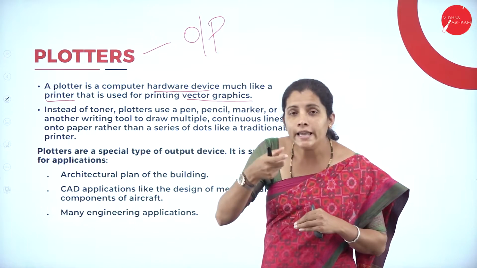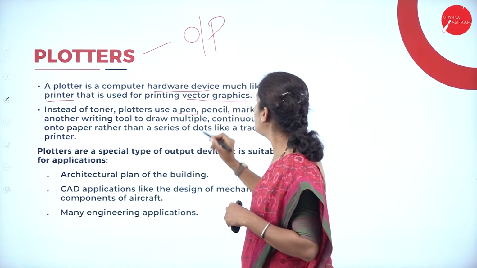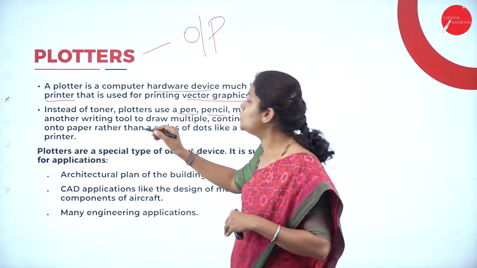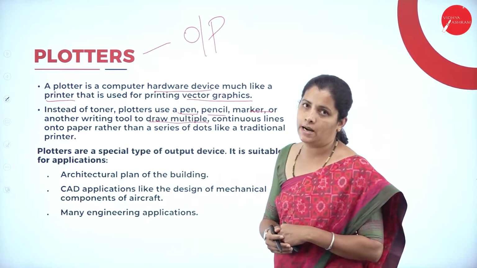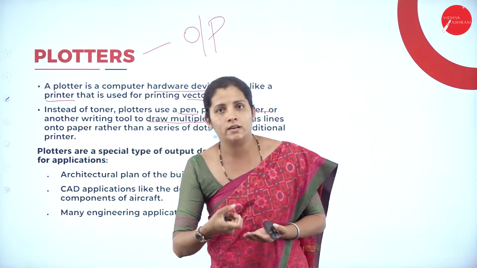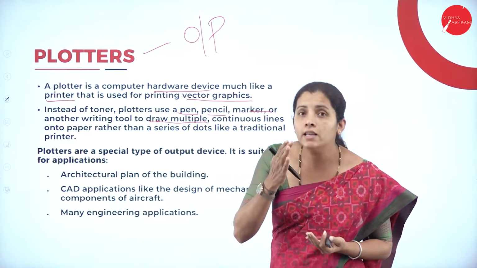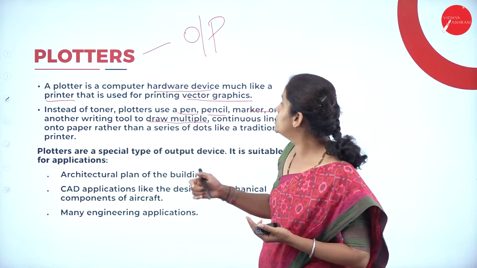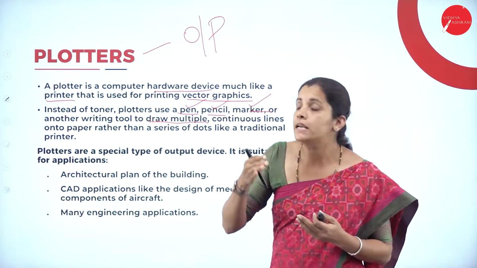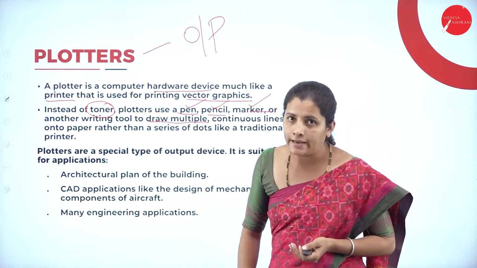Instead of ink or cartridge or toner, we are going to use pen, pencil, marker and other writing tools like draw multiples, etc. Dear students, in a plotter, we are going to use pen, pencil, marker, whereas in a printer, we are going to use toner or cartridge.